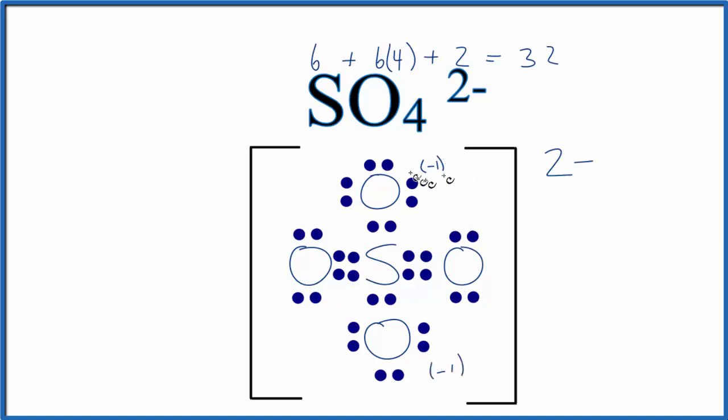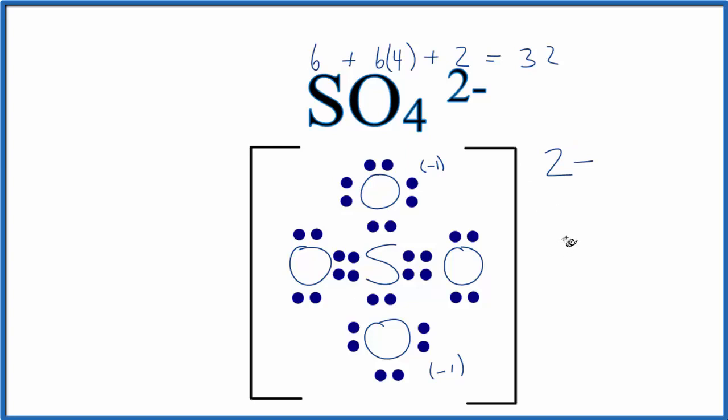We have a negative charge here and a negative charge here. So that's a total of -2. That gives us our ionic charge. It also tells us where the charge is kind of considered to be on which atoms here. That's helpful. When you're calculating formal charges, you'd like them to be as close to 0 as possible, or in the case of polyatomic ions, to add up exactly to the charge on the ion.